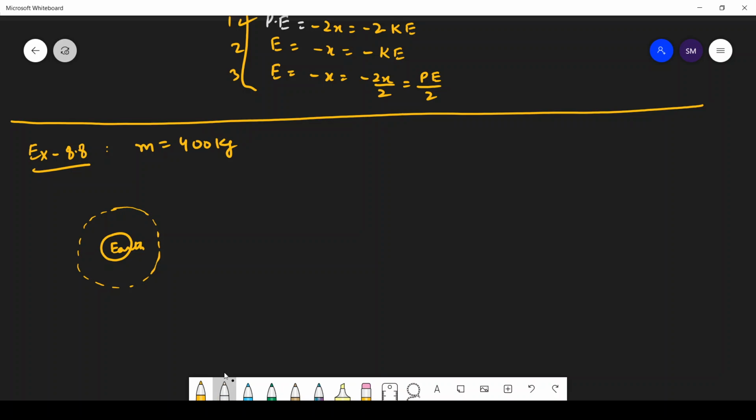So you have the satellite over here, and this distance, the radius here, is 2Re. Okay, now how much energy is required to transfer it to the circular orbit? So I want to now transfer it to the circular orbit.